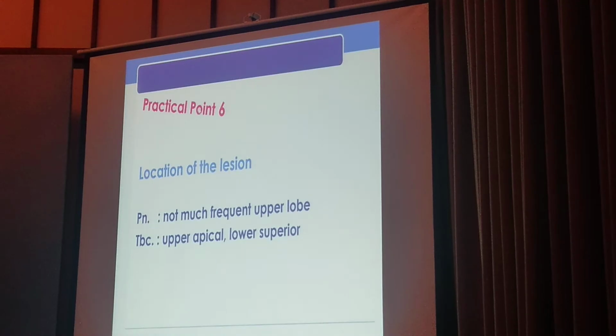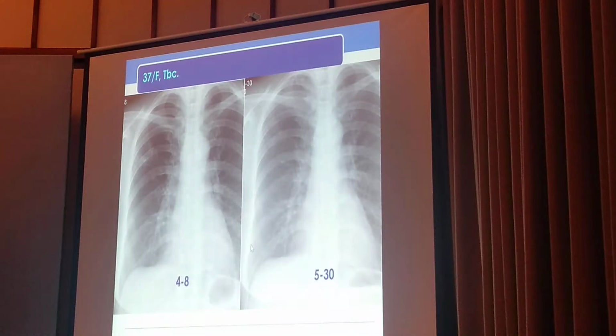A less important finding is the location. Pneumonia is not very frequent in the upper lobe. Tuberculosis is usually in the upper lobe, the superior segment. This is airspace consolidation in the right upper lobe, usually diagnosed first as tuberculosis and treated. Tuberculosis usually involves upper lobe infiltration, which is easily missed in post-primary tuberculosis.